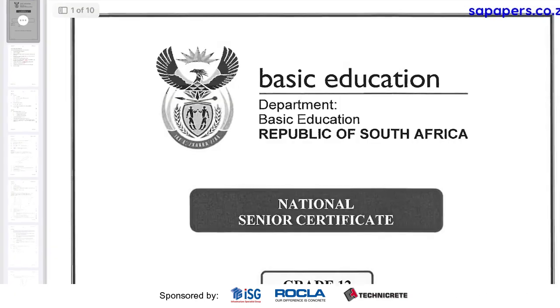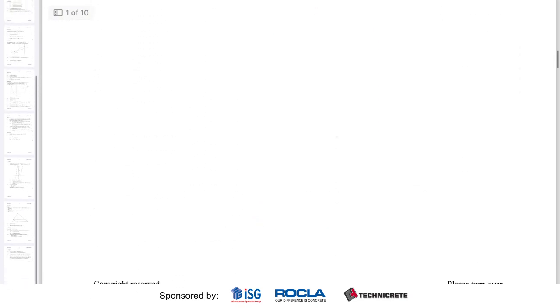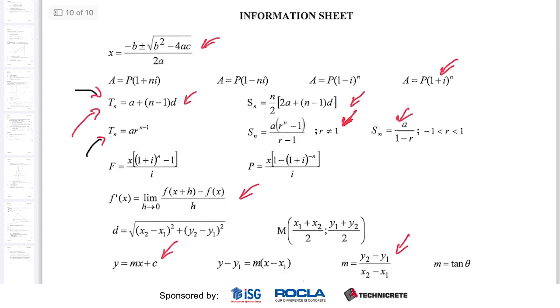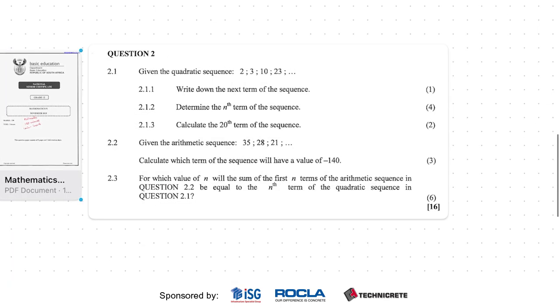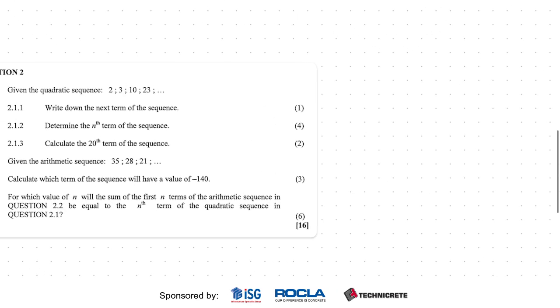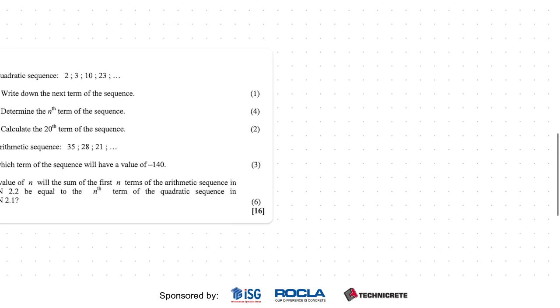If we go to our formulas, we're going to make use of this formula right here. It's not exactly that formula, but close enough. What you need to know is that there's this formula.